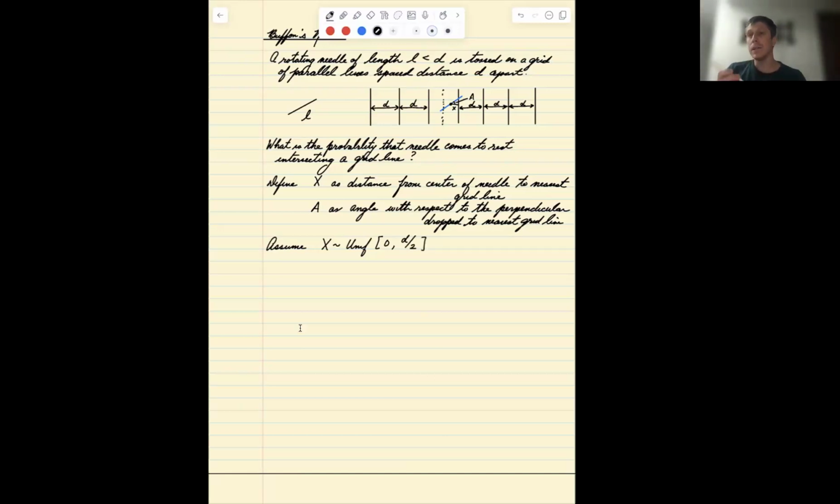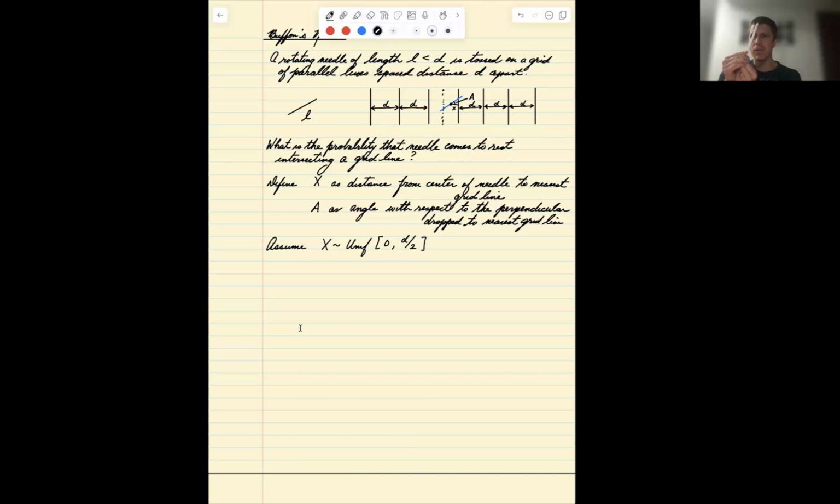And the angle is similarly going to be something between minus pi over 2 and pi over 2. Let's just think about the possibilities. Vertical is pi over 2 essentially, or negative pi over 2. So it's not clear, and we'll only include one of the endpoints.